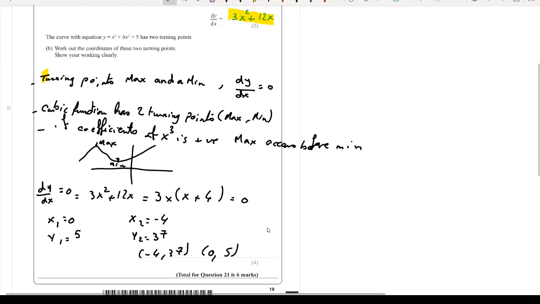If we want to draw this curve accurately, it is something in this shape. We are going to have a maximum here at (-4, 37), and the minimum at (0, 5). So x equals 0, and let's say this is y equal 5. So the curve is going to be something like this.